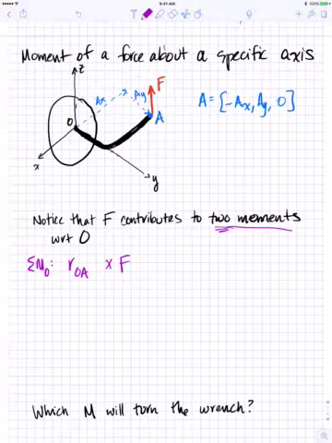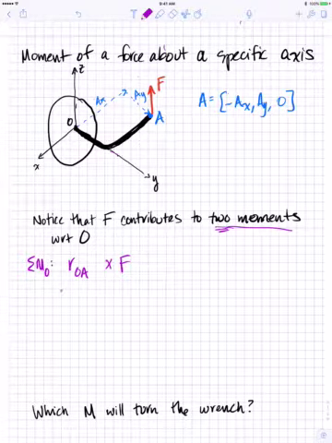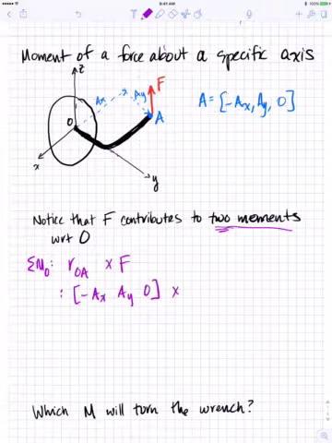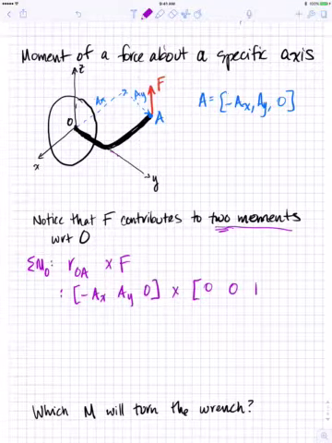So if we calculate ROA cross F, then what we have is the position vector from O to A, which is minus AX, AY, 0, crossed with the force vector 0, 0, F. So F is pointing up in the positive Z direction.